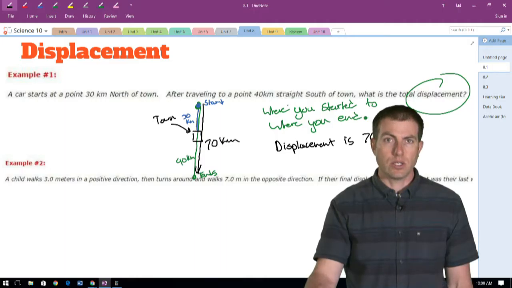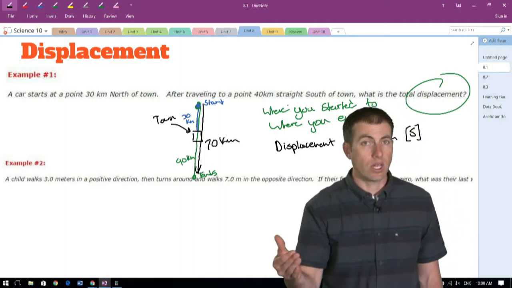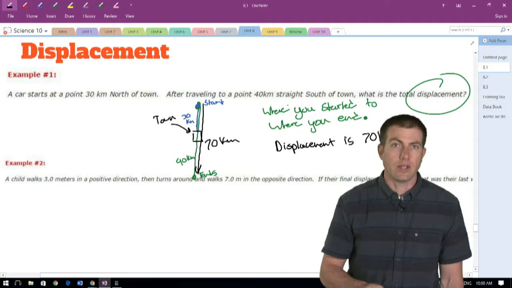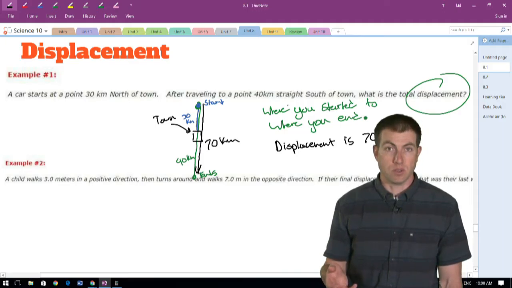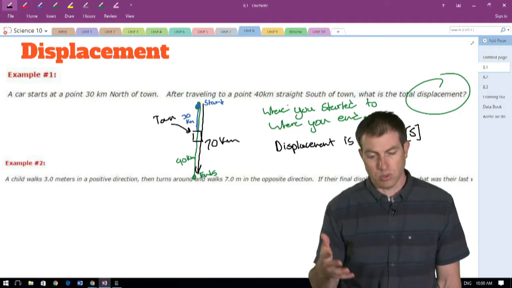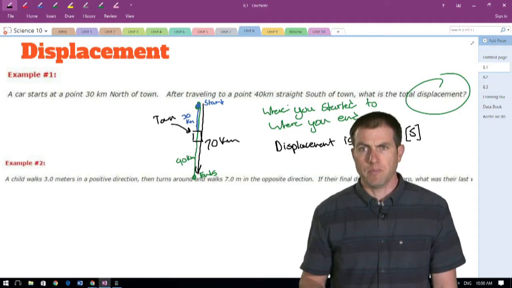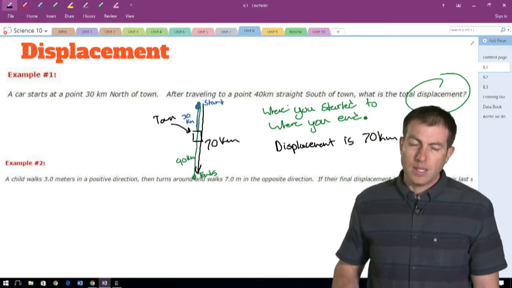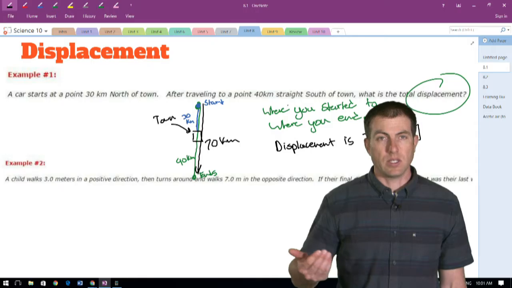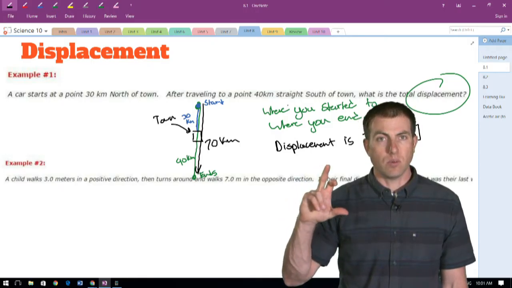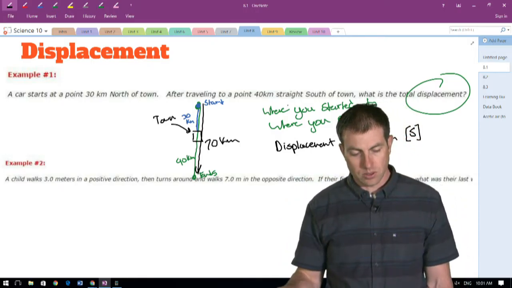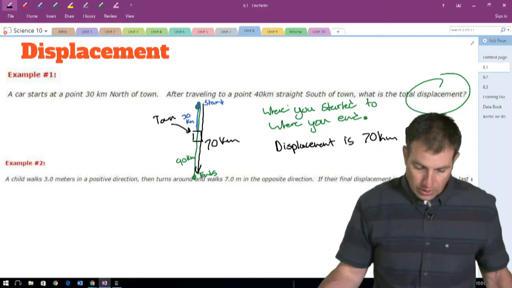Because with different questions, I could have written everything out the exact same way, and I could have said, what is the person's position? And then Josh, you would have been right with 40 kilometers south of town, but it asked for the displacement. And the displacement's how far have you gone from where you started to where you ended, or the resultant. Let's see if we can get another one.